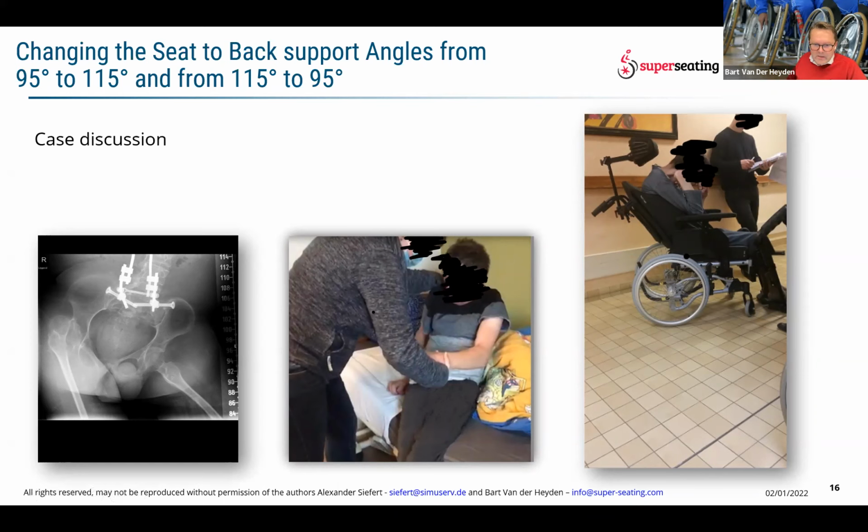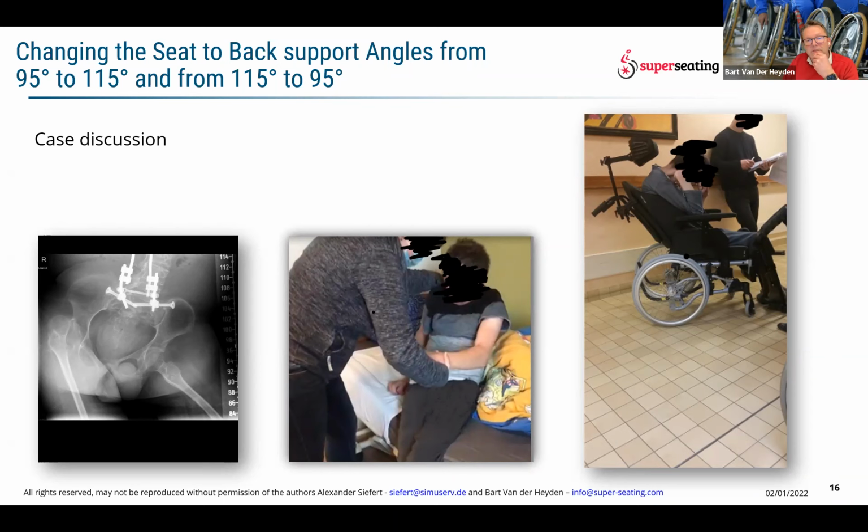This is a client with cerebral palsy, who has a subluxation of the hips and reduced hip flexion possibility. So we have an issue here. We cannot sit the person upright without hip extension, so we need to increase the thigh to trunk angle of the client.